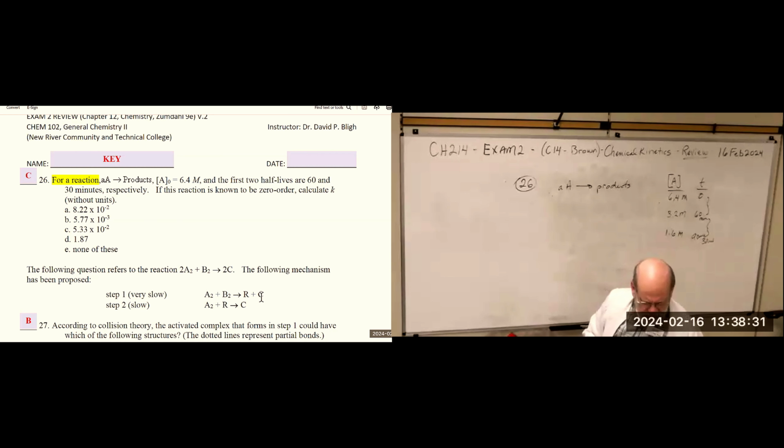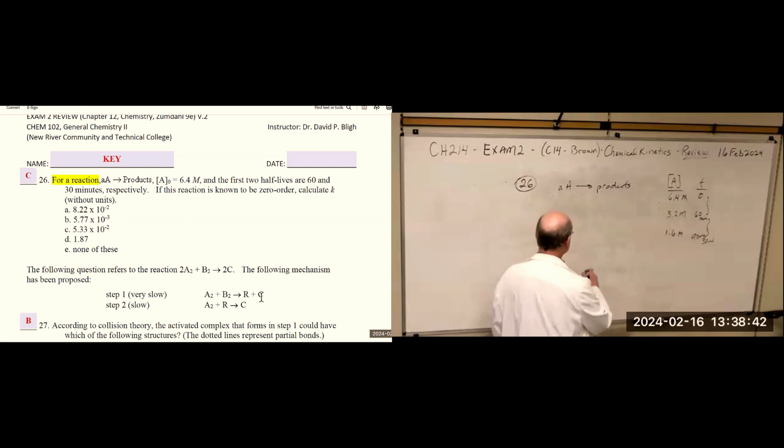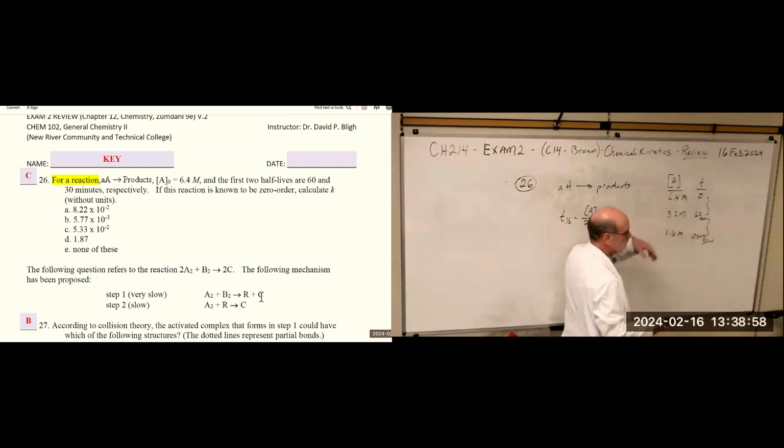If this reaction is known to be 0 order, calculate K. All right. If we know it's 0 order, all we need is half-life is A0 over 2K. So if we know it's zero order, we could pick either one. Let's just pick the first one.